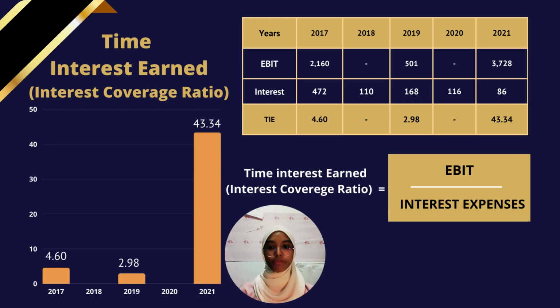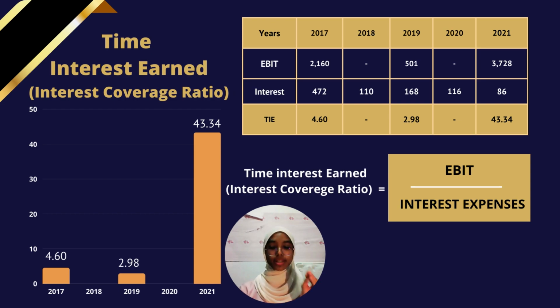The group's best performance showed a staggering increase in time interest earned throughout the 5 years and indicates an 842.17% increase from the year 2017. This is due to 2021 recording the highest earnings before interest and taxes amount compared to the other 4 years, resulting in the highest time interest earned.